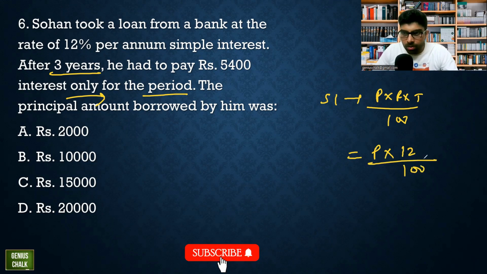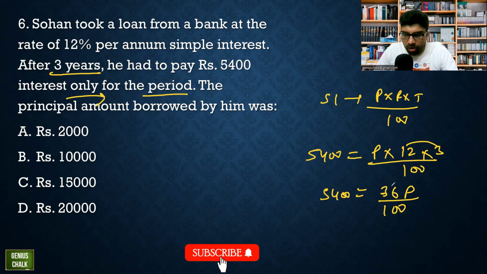So percent means 12 by 100. Time is 3 years, and 5400 is the interest. So we can find it now. 36, so this becomes 36 P by 100 equals 5400. Now 18 2s are 36, 18 3s are 54, so 15 2s are 30.